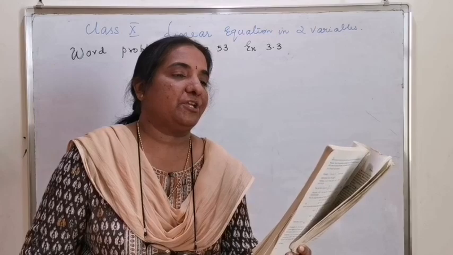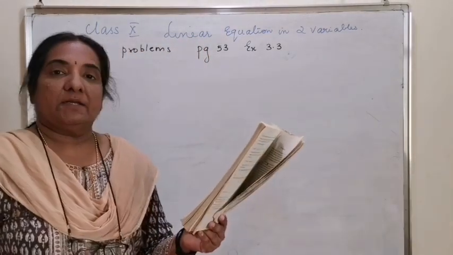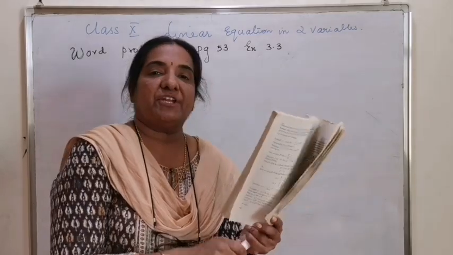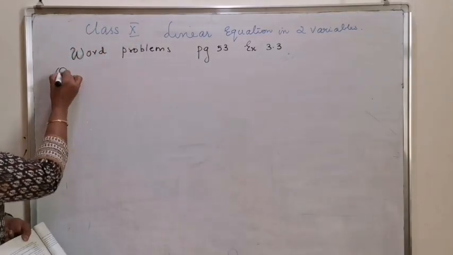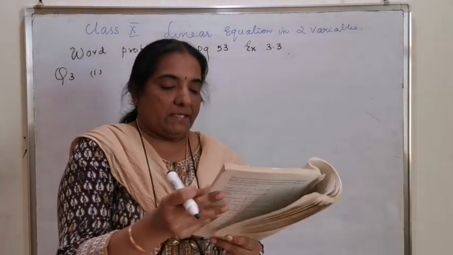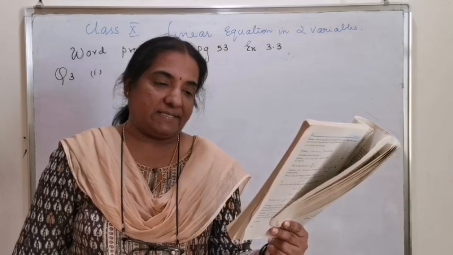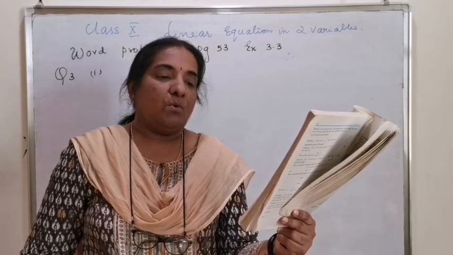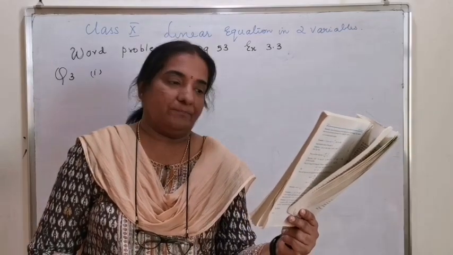Exercise 3.3, page 53, question number 3, subdivision 1. The difference between two numbers is 26 and one number is 3 times the other.